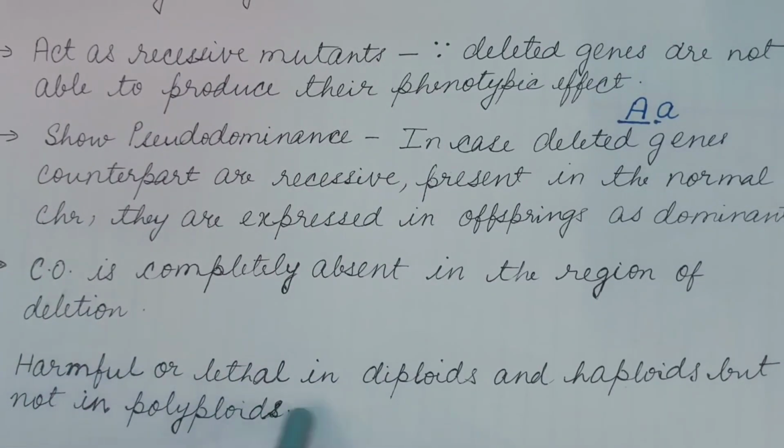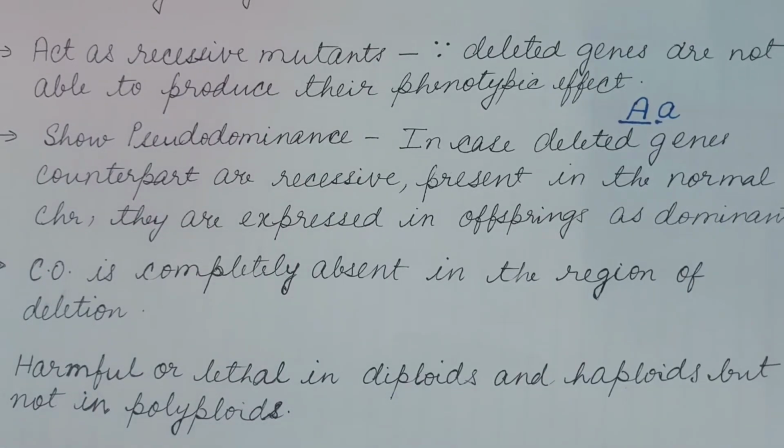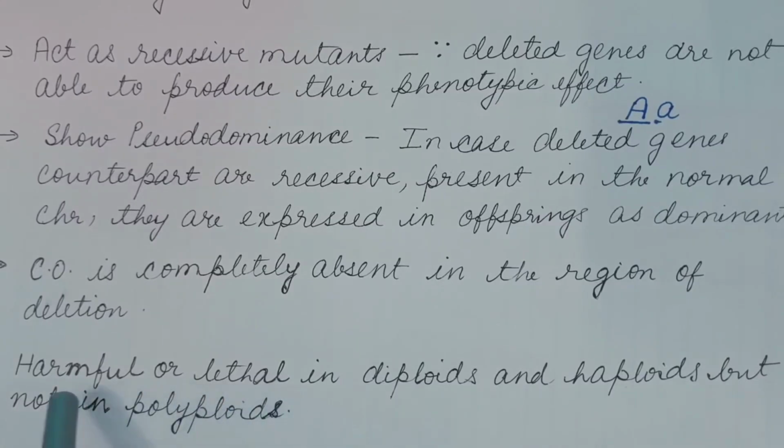Deletions have harmful or lethal effects in diploids and haploids but not in polyploids, because in polyploids extra copies of the genes are present, but in diploids and haploids the extra copies are not present, and hence in this case the deletion is harmful or lethal.